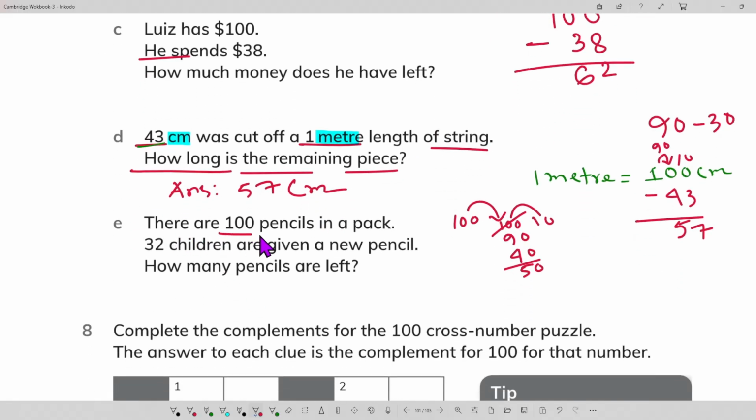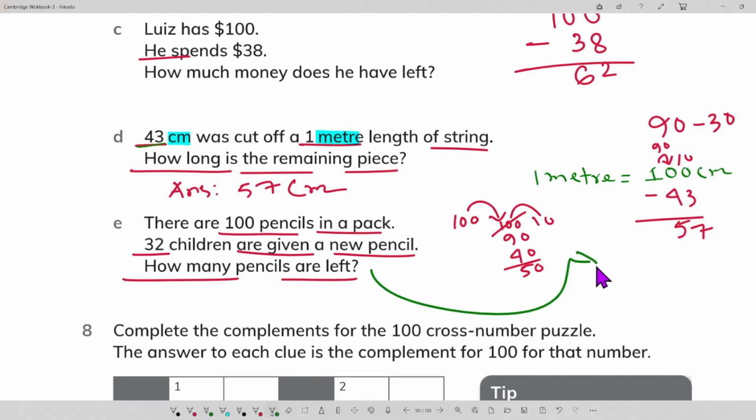There are 100 pencils in a pack. 32 children are given a new pencil. How many pencils are left? So look, we can write in here 100 pencil, 32. So this is now 10. 10 minus 2, it's a 8.